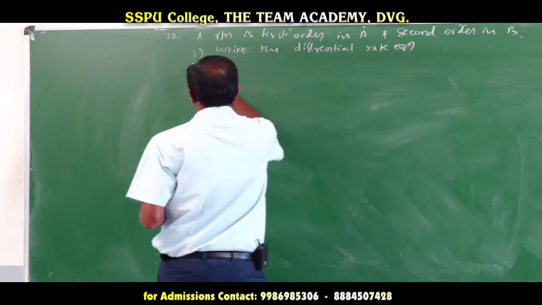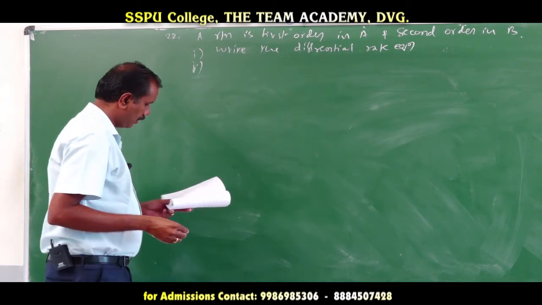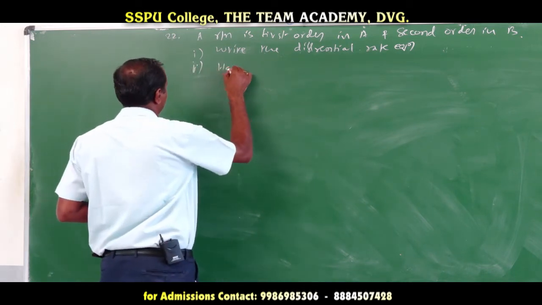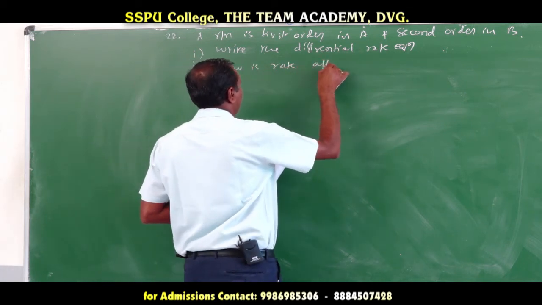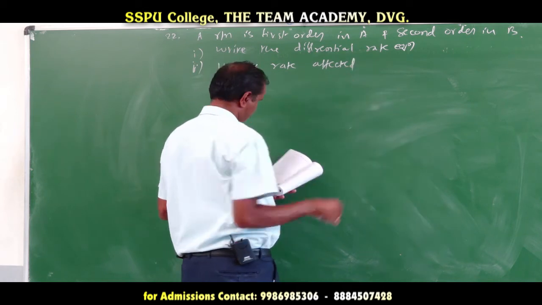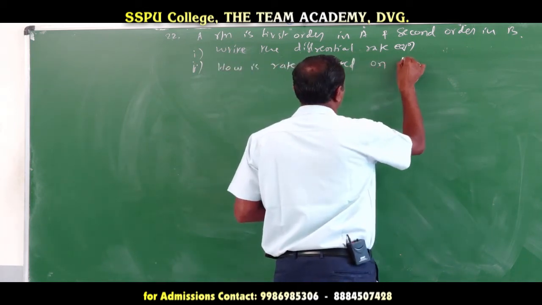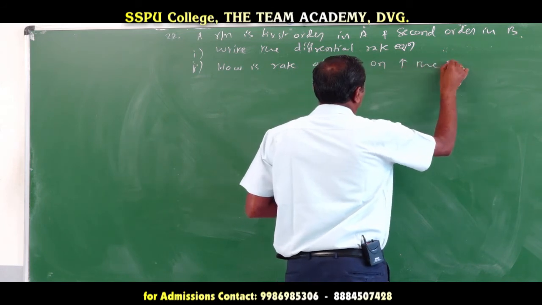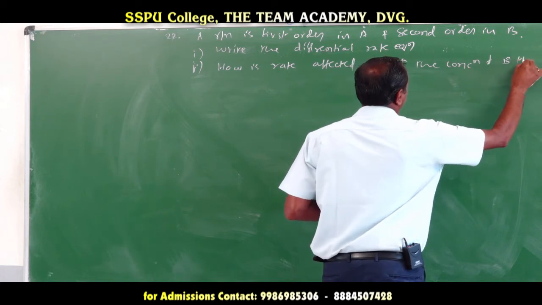That is first question. Second question, how is rate affected on increasing the concentration of B 3 times?